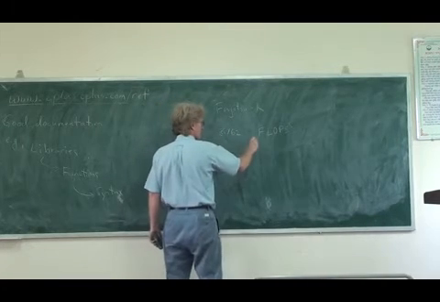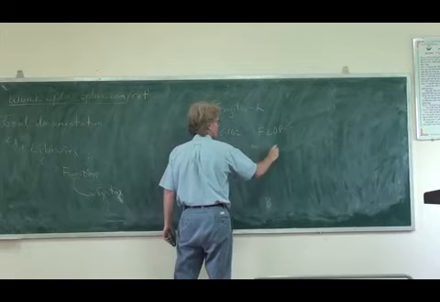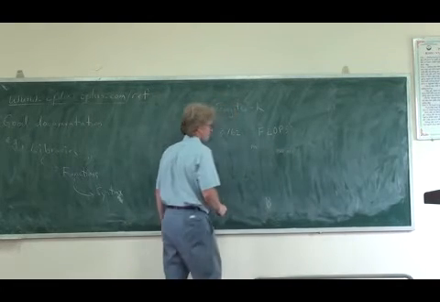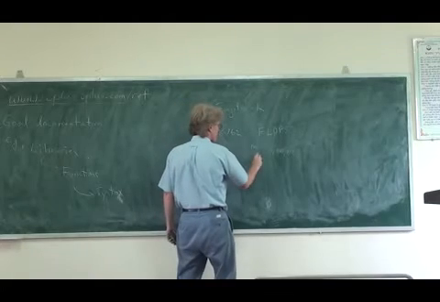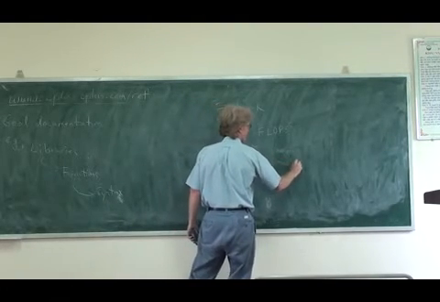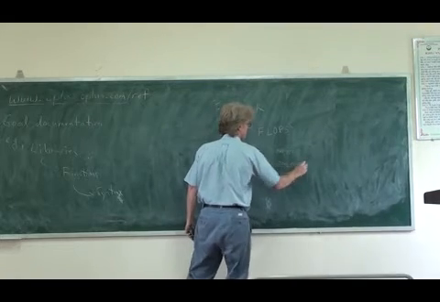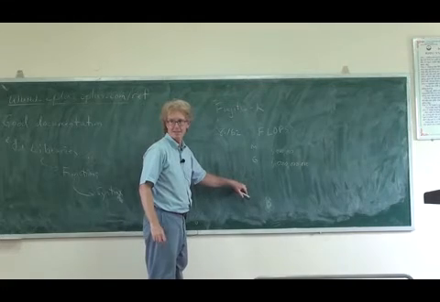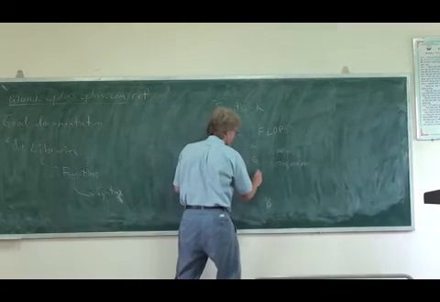So let's see here. If we put an M, that would be 1,000,000, megaflops. If we put a G for gigaflops, that would be 1,000,000,000. What comes after here? Terra.